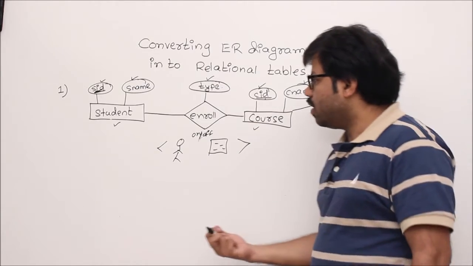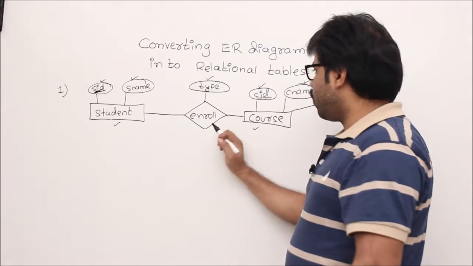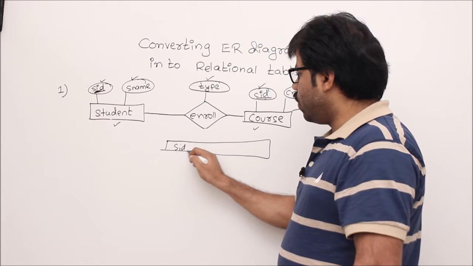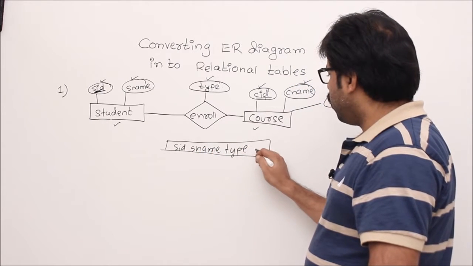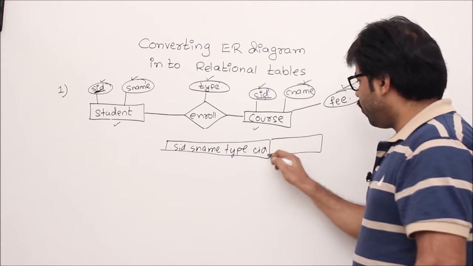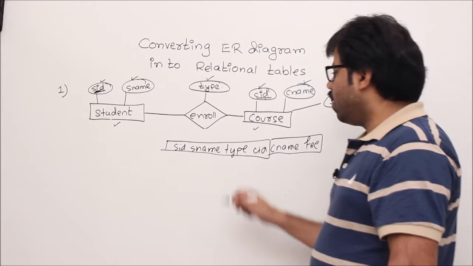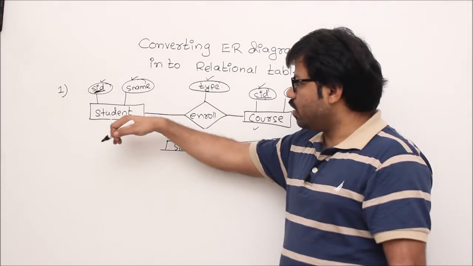To record it, one way is to take all the attributes of student and all the attributes of course, and write this kind of data: student ID, student name and type, course ID, course name, fee. But slowly you will understand that this is unnecessary. Why is student name required? Student name is already stored in the student table, right?